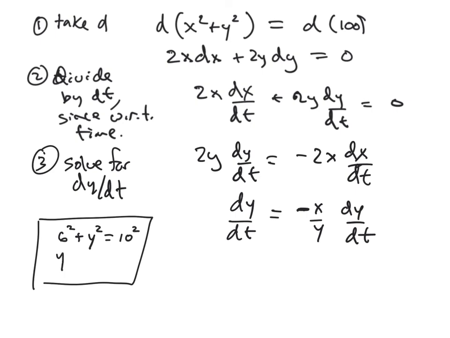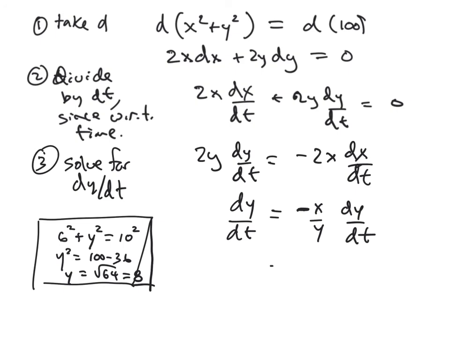So y squared will be 100 minus 36, so y will be the square root of 64, which is 8. I just needed to remind myself to do that. At the time that x is 6 meters, the top of the ladder is at 8 meters up the wall. That's how high it is where the top of the ladder is hitting the wall.